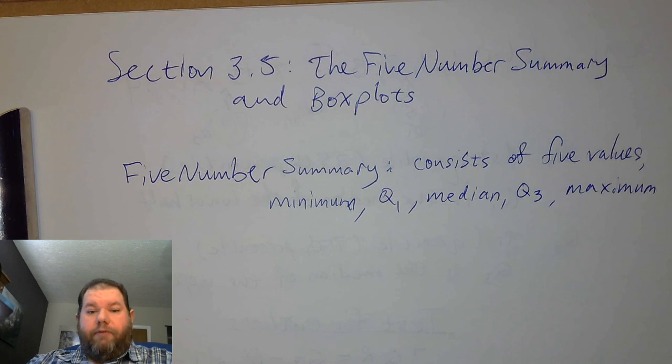So, after section 4, we've now talked about every single one of these values. We talked about the minimum, the median, and the maximum in the early part of the chapter, and then we added Q1 and Q3 in the most recent part.